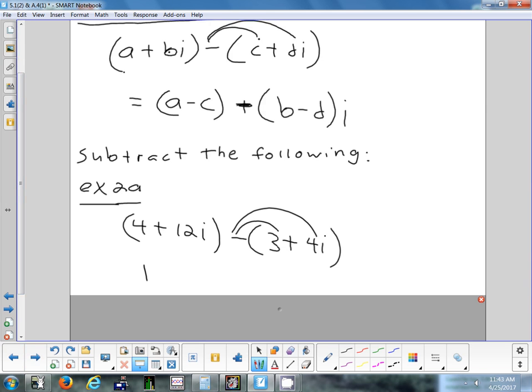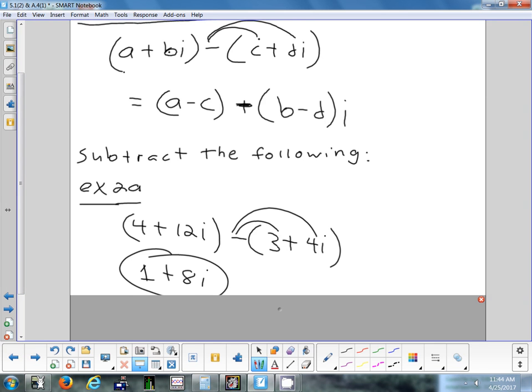Eight. Yeah, you get 8i. Right? So 12 minus 4, 8i. Okay, any question on that? Oh, plus 8? Yep, that's a plus 8, because it's positive 12 minus 4.